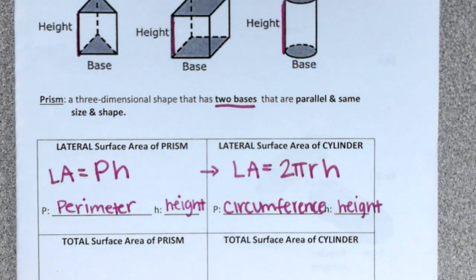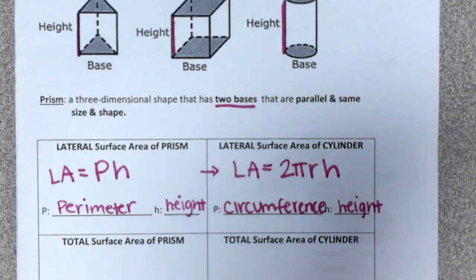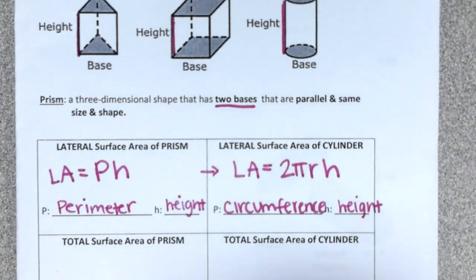What about total surface area? Well, real quick, I didn't even mention this. Lateral surface area, what does that even mean? I just gave you the formula, but we didn't talk about what it is.